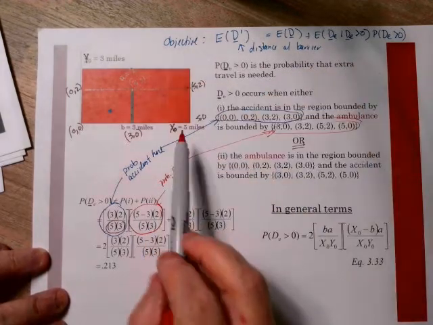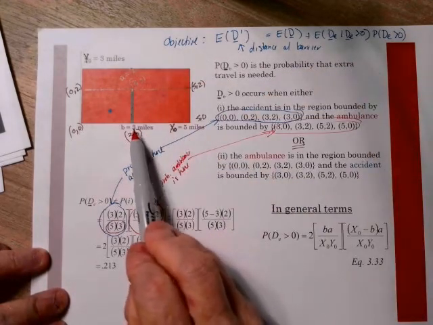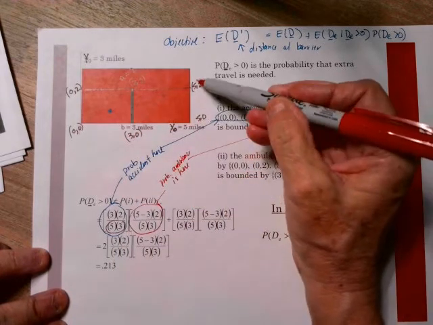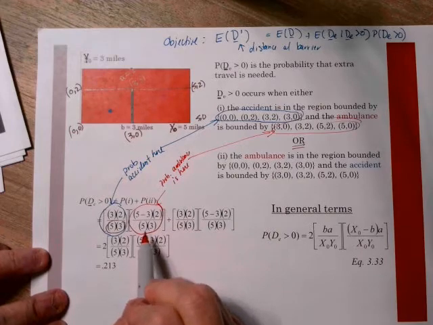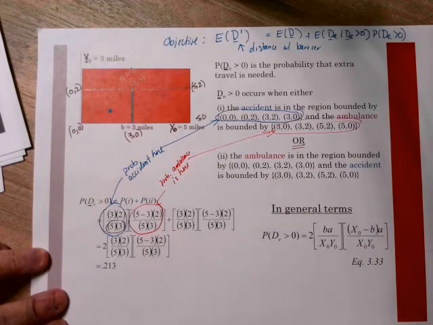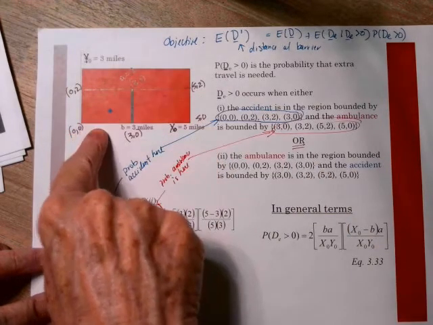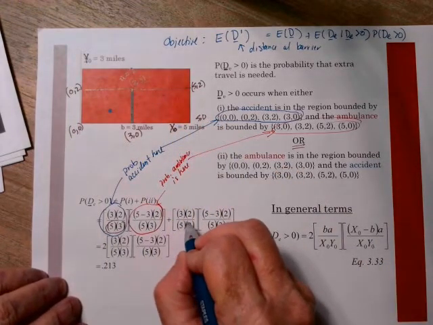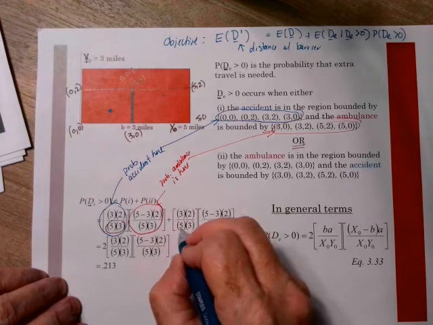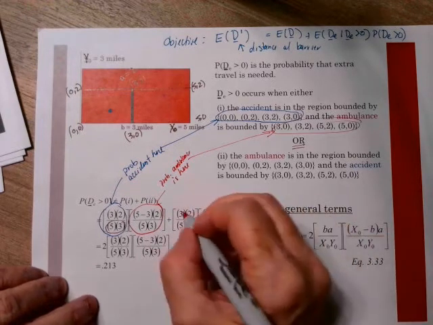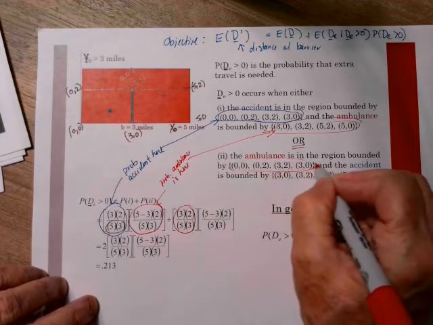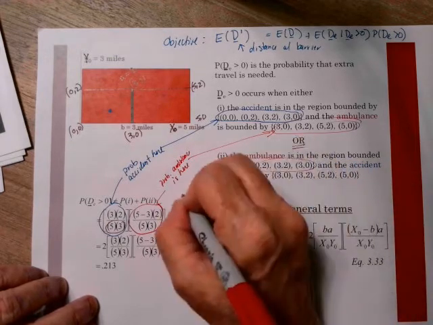Well, we have 5 minus 3, so that's the 2 miles here, 5 minus 3 times 2 over the total area. And now we switch it. Red dot here, blue dot there. So now this 3 times 2 over 5 times 3 is going to be the probability that the ambulance is now here. So this is the probability.